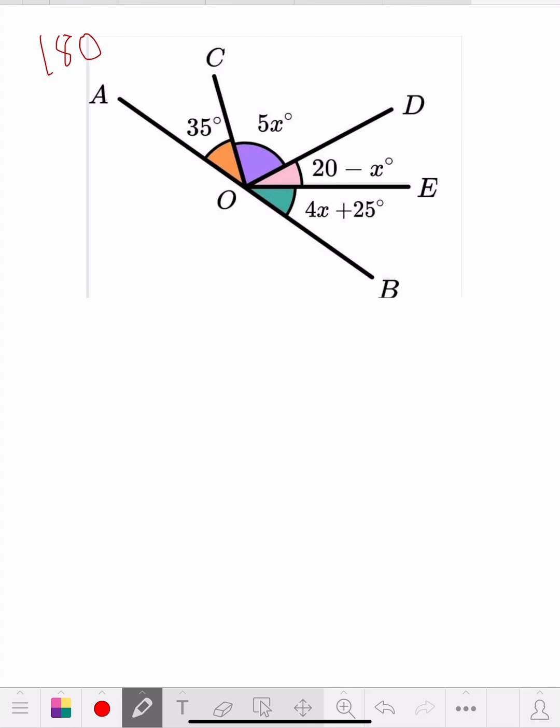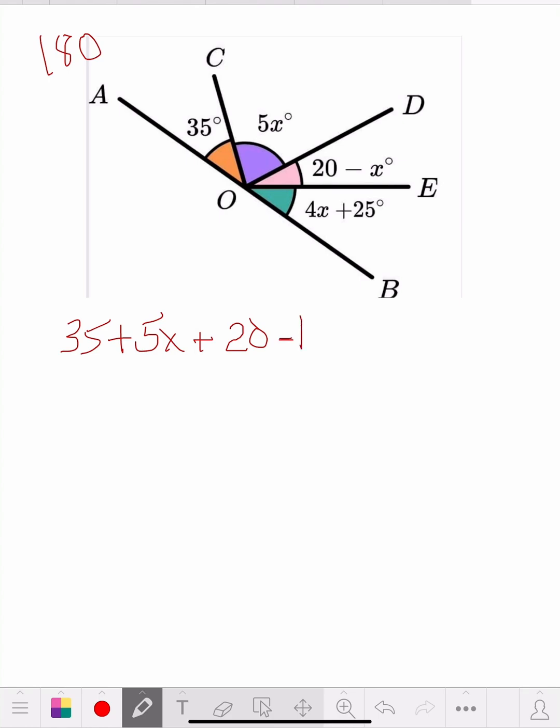All these things have to add to 180. So let's write them all down, starting from left to right. We'll go 35 plus 5x plus 20 minus 1x.